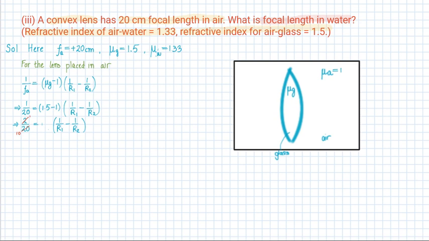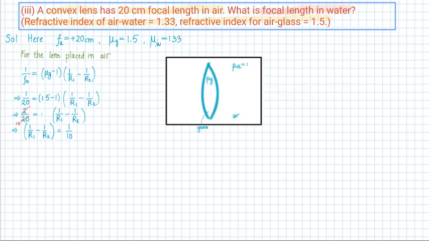So I can write down from here: 1 upon R1 minus 1 upon R2 equals 1 by 10 centimeter. Okay, fine. Okay, let's give this equation some number. I'll give this one as equation 1. Fine.